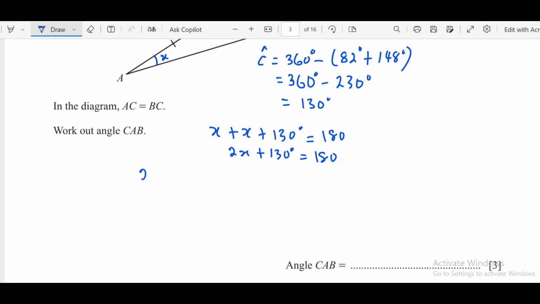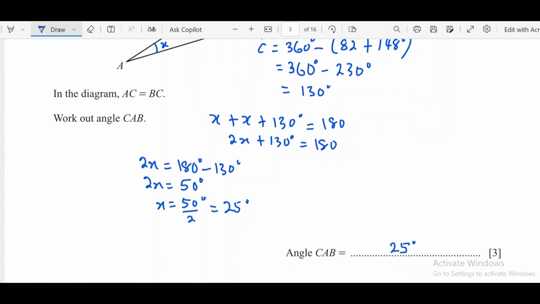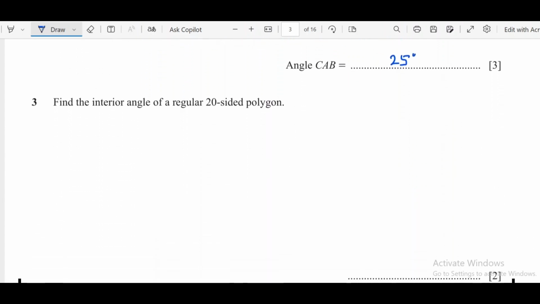So we are going to have 2x equals 180 degrees minus 130 degrees, and that will give us 50 degrees. So divide both sides by 2. That will give us 50 over 2, and we have 25. So angle CAB is 25 degrees. Okay, now let's move on to question number 3.